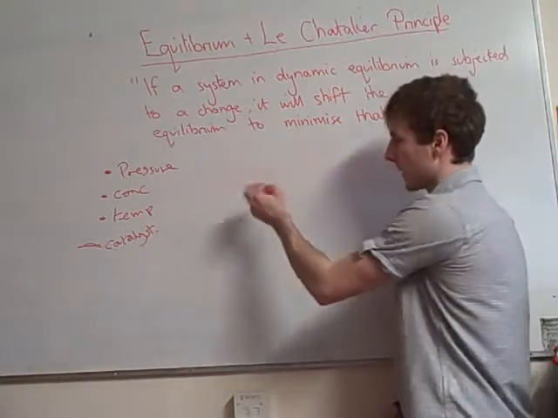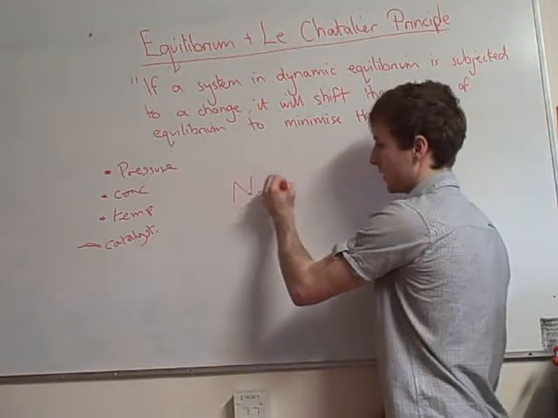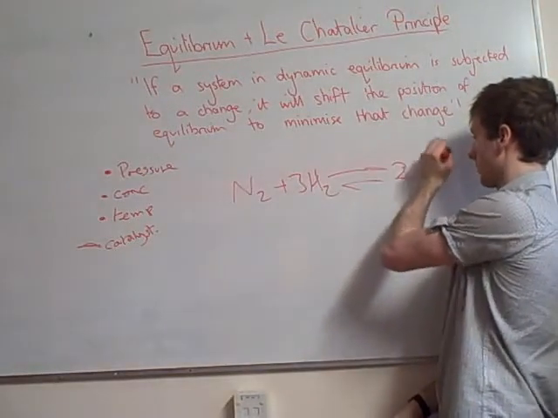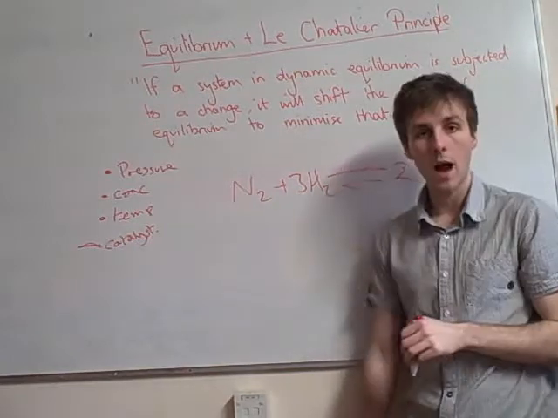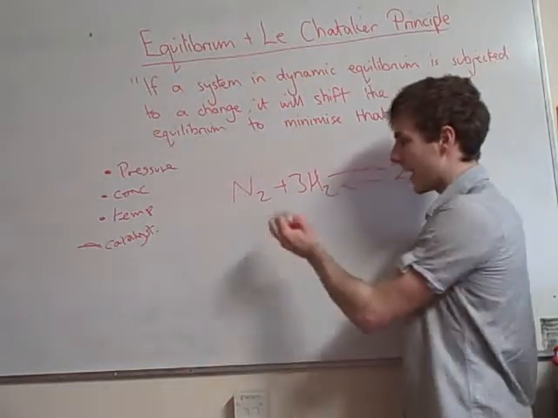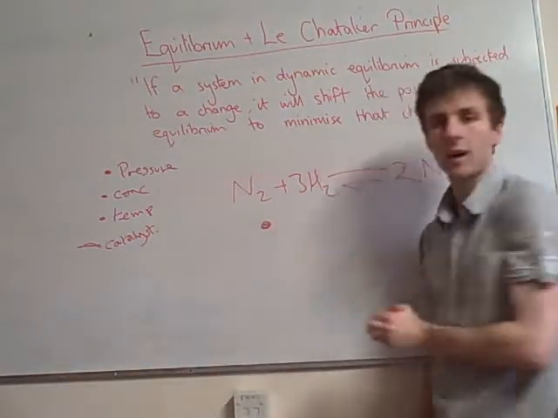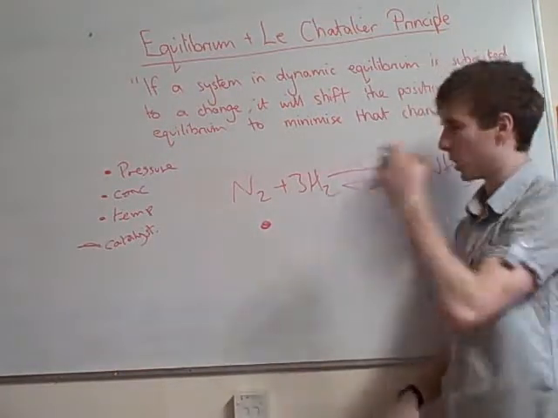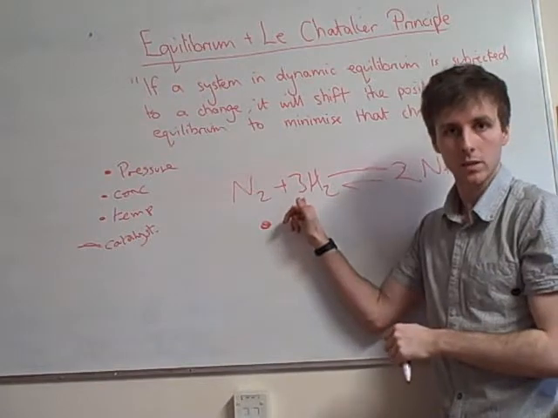Concentration is exactly the same. So let's say, well, I'll use the same one again, my Haber process. Let's say I increase the concentration of this side. So I put loads and loads of nitrogen gas in and loads of hydrogen gas in.